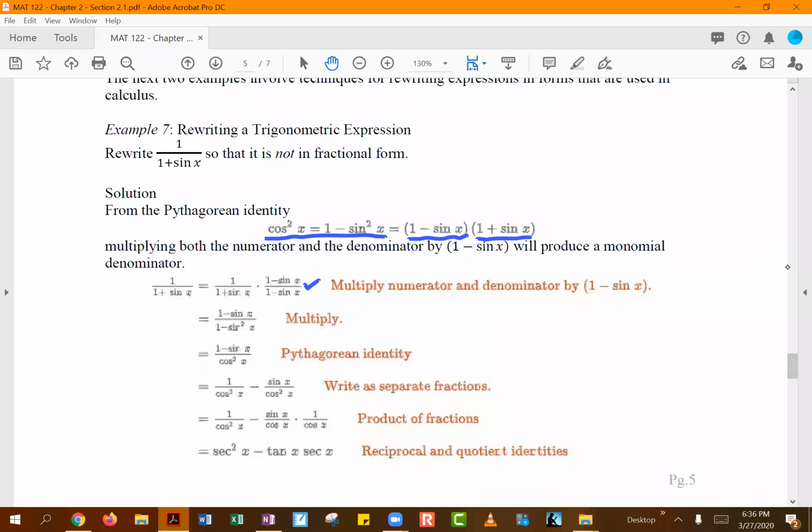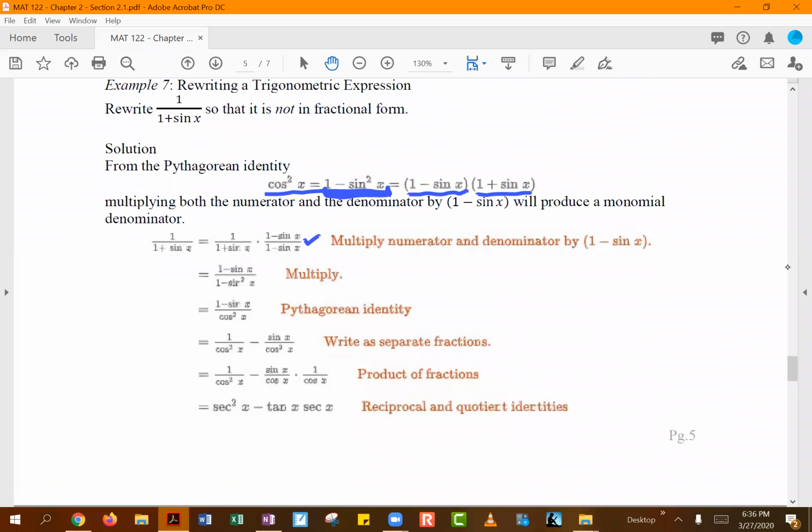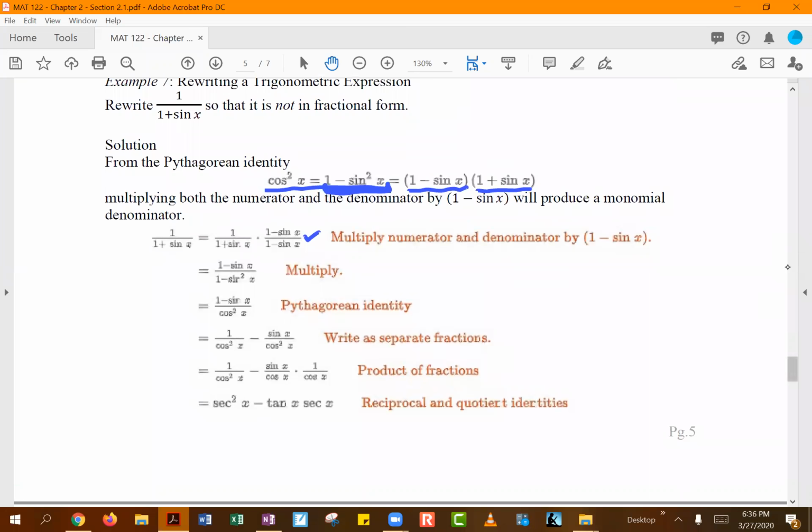So we're actually doing that with our numerator and denominator, multiplying both of them by the conjugate term of 1 minus sine of x. So the numerator, when you multiply, you'll end up getting 1 minus sine of x, and the denominator, when you multiply, you actually end up getting this expression right here, which is 1 minus sine squared of x. And then using our Pythagorean identity, you can go ahead and rewrite that denominator as cosine square of x, right?